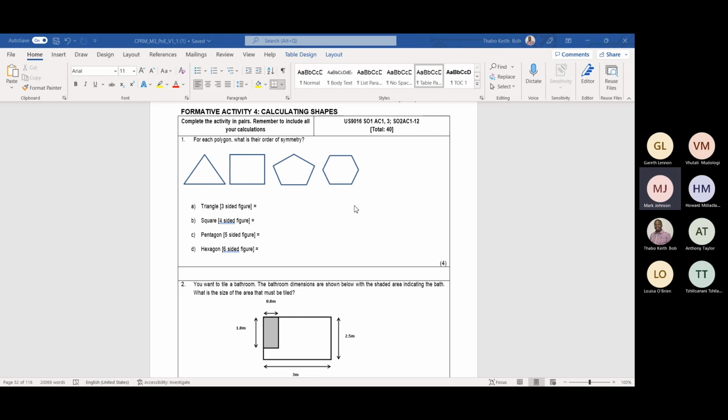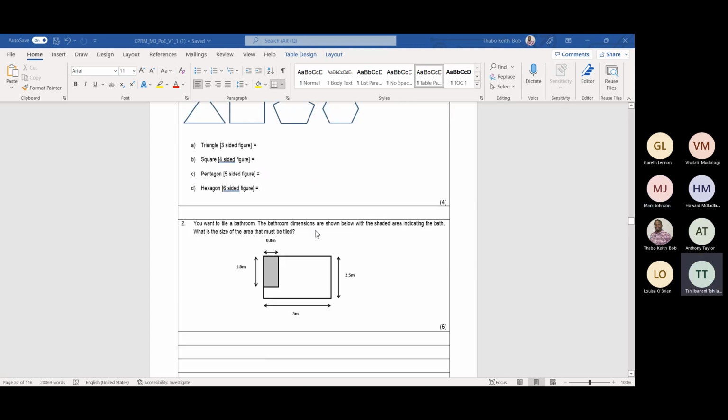Then the 4-sided figure is second from left to right. And the pentagon, which has got 5 equal sides, is third. And the last one is 4th. That is the order in which they are.